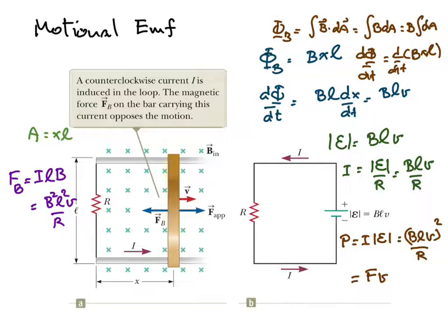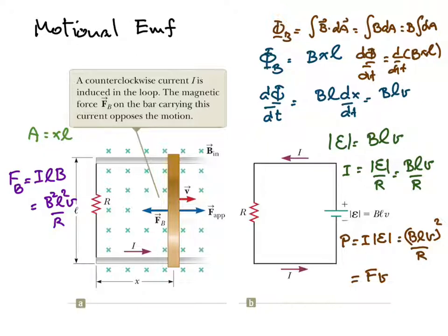But we know that B and L are constant. They do not change in time, so we can take them out of the derivative. So we have dΦ/dt equal to BL dx/dt, and dx/dt is the velocity v, right? So dΦ/dt is equal to BLv.